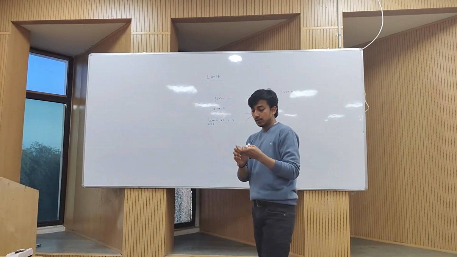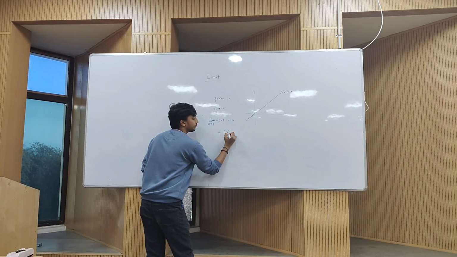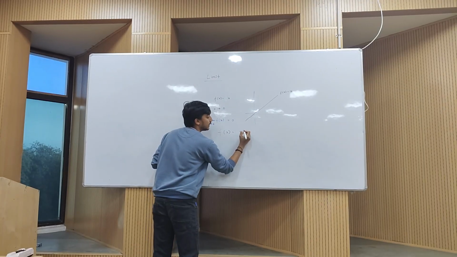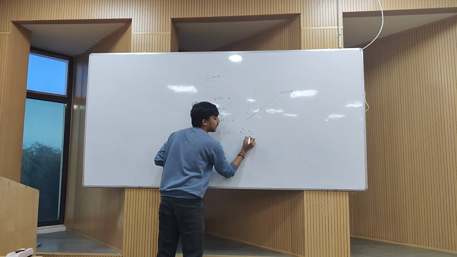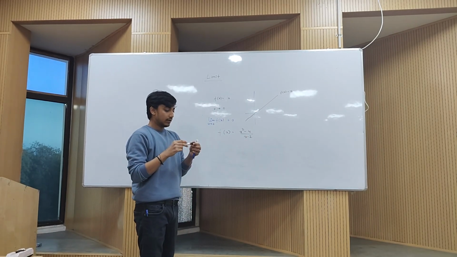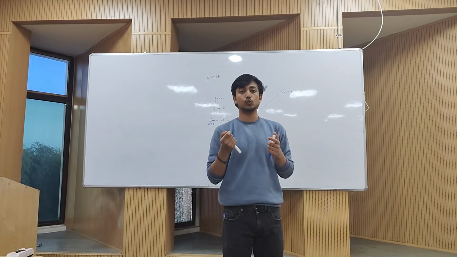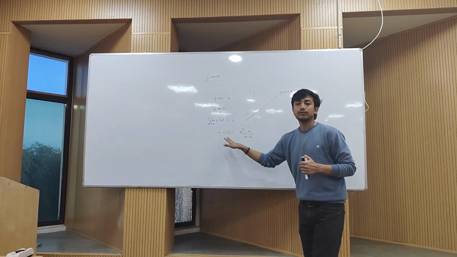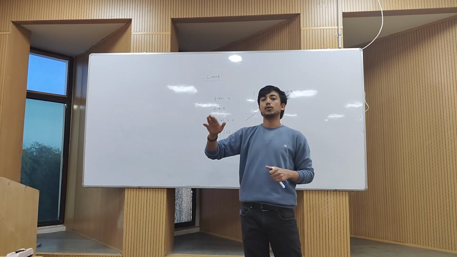But for example, if I take my function to be like this, (x² − 4)/(x − 2), and if I ask what is the value of this function at x = 2, or what is the behavior of this function when x approaches 2.